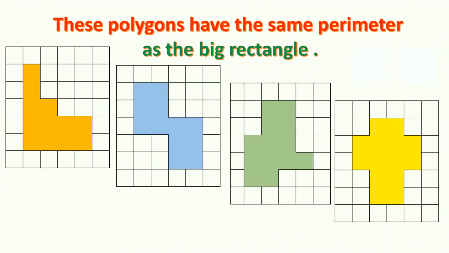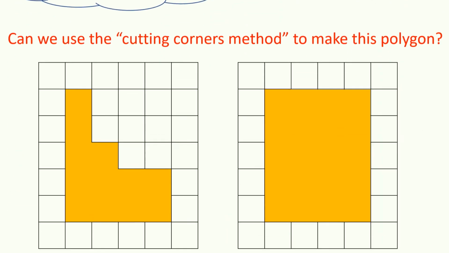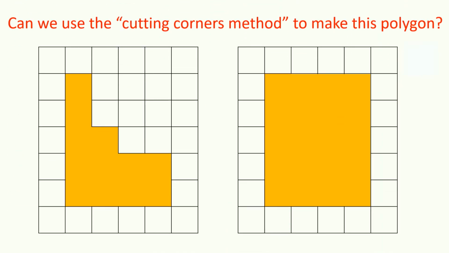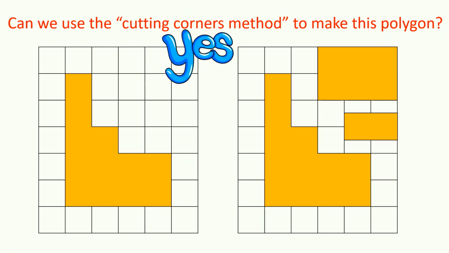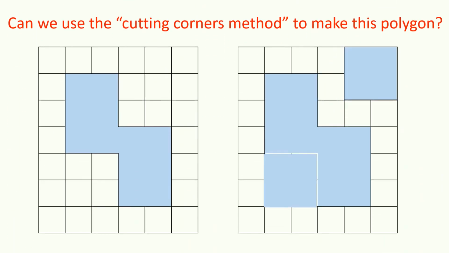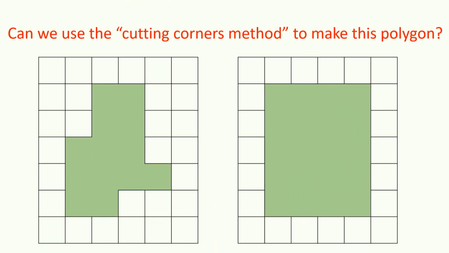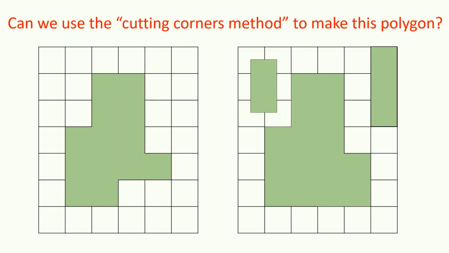These polygons have the same perimeter as the big rectangle. How are the polygons made? Can we use the cutting corners method to make this polygon?